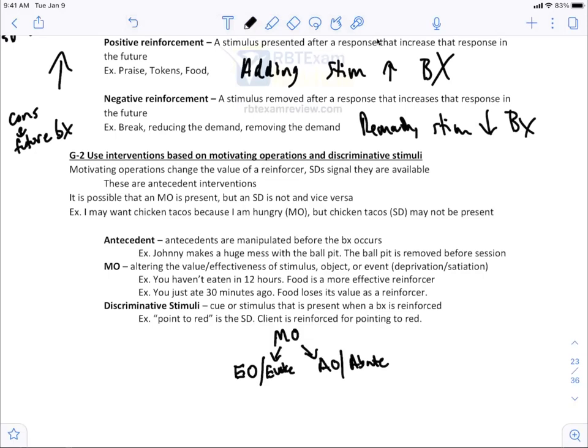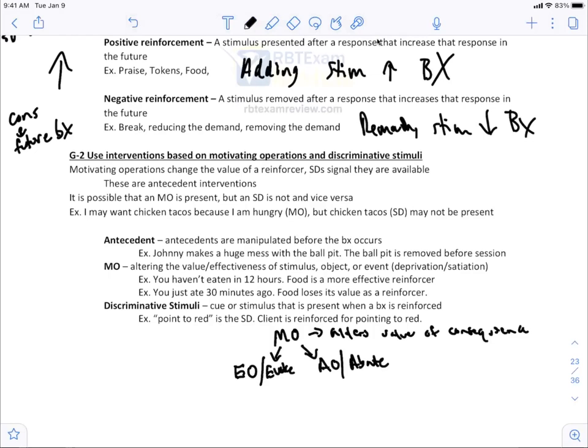We have the value altering effects of that reinforcer, which is the MO, alters the value of the consequence. When it establishes that reinforcer, typically behavior is going to be evoked, because the temporary value of that consequence is more desirable, right? So when that reinforcer becomes more desirable, we might see more behavior evoked, okay?